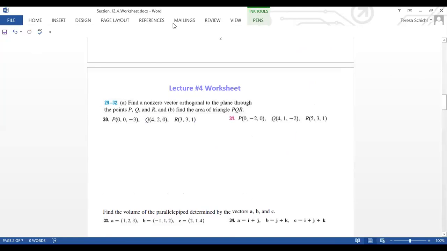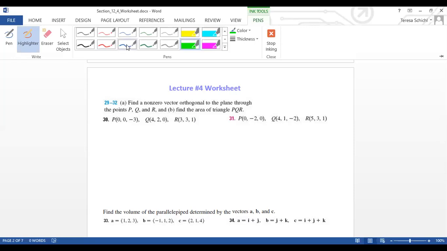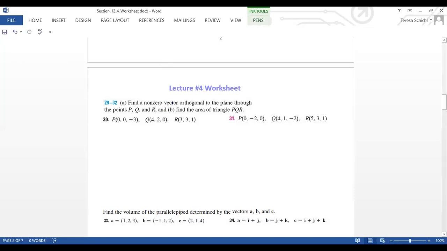It tells you to find a non-zero vector orthogonal to the plane that goes through the points P, Q, and R. So in geometry, we know two points define a line, a unique line, right?